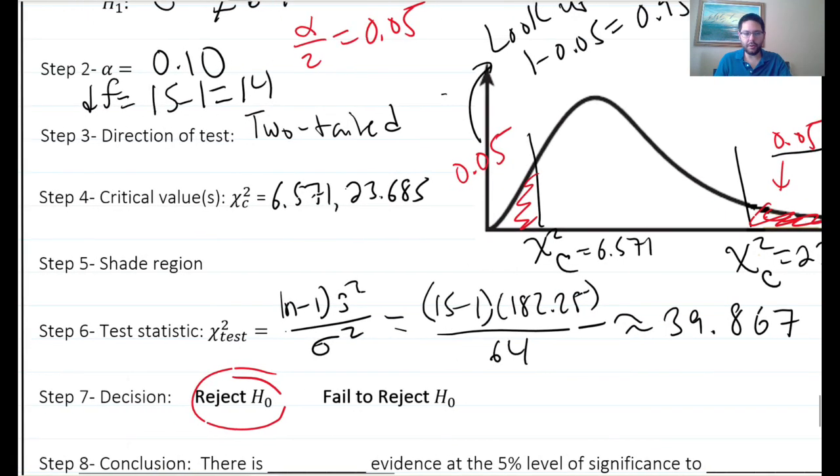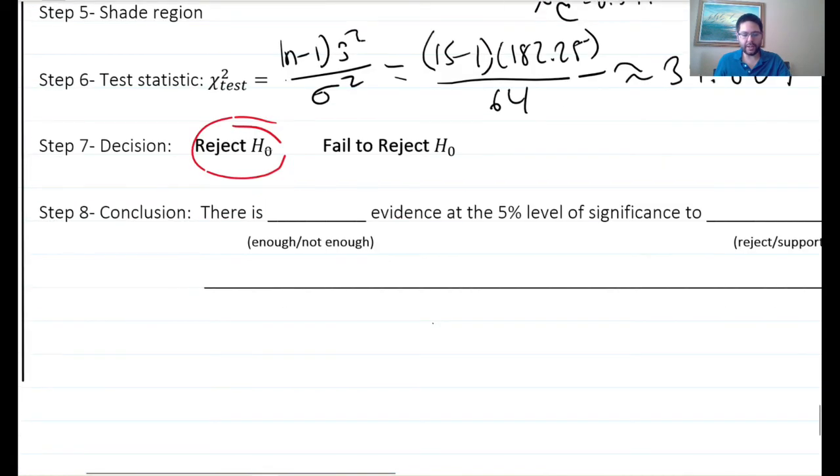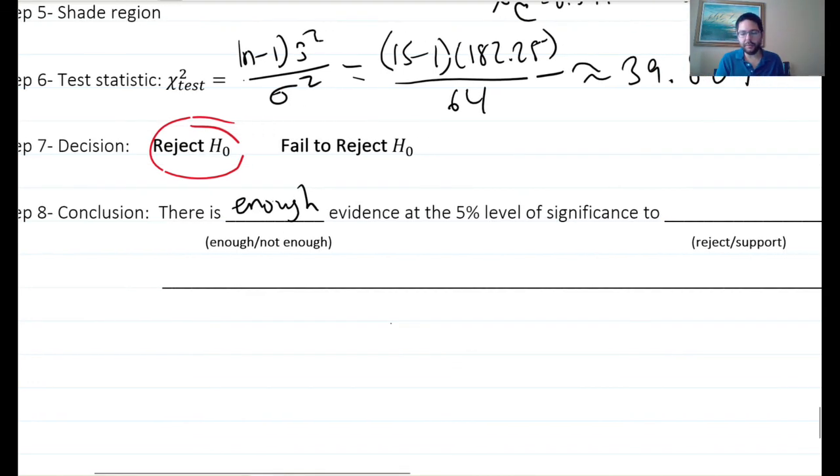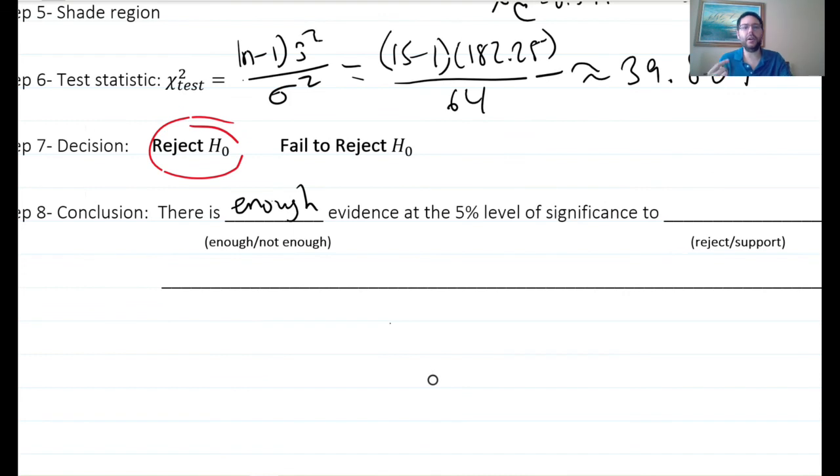All right, so we went ahead and rejected. So that means that there is enough evidence at the 5% level to, and in this case, our claim belongs to our null, so we're going to use the word reject.